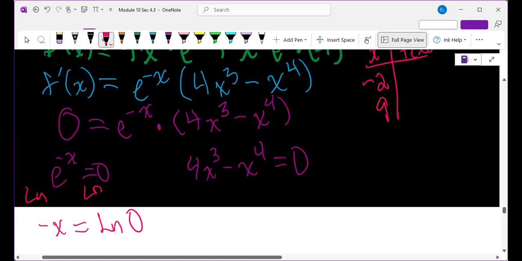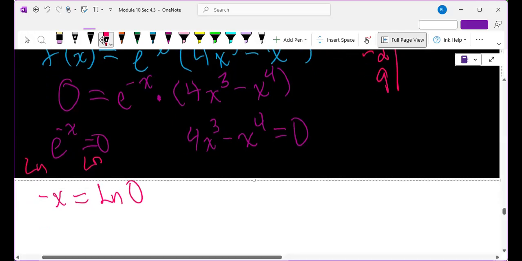So we have negative x equals the natural log of 0. Now, if you crunch natural log of 0 on your calculator, what does it say? It does say undefined, or some sort of creative 'I don't know what to do.' It's because you asked it to do something impossible.